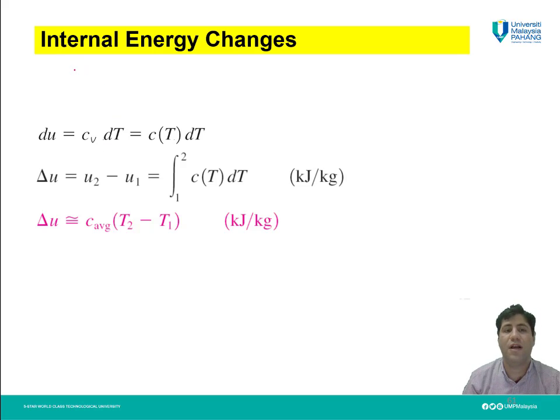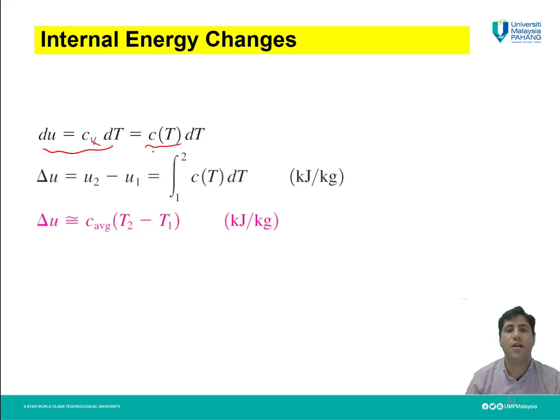Let's see how the internal energy changes for these kinds of substances during a process. If you remember, we had the equation du equal to Cv dT for gases. If we want to write this equation for liquids or solids, we don't have Cv, and we just write du equal to C as a function of T dT.